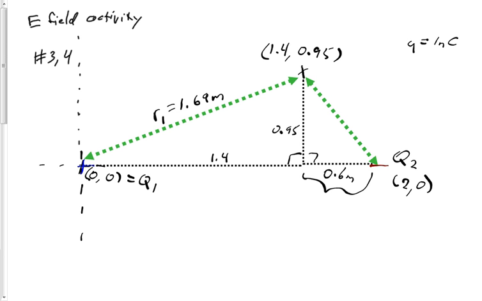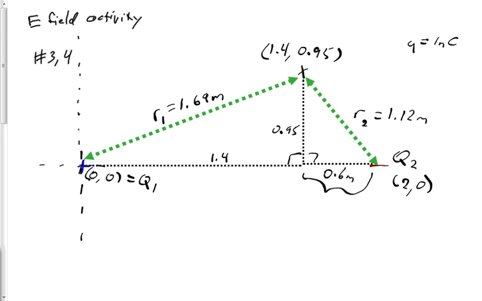I can do the same thing on the other side where I have the right triangle of 0.95 and 0.6 meters. And that would give me a distance R2 that is equal to 1.12 meters.